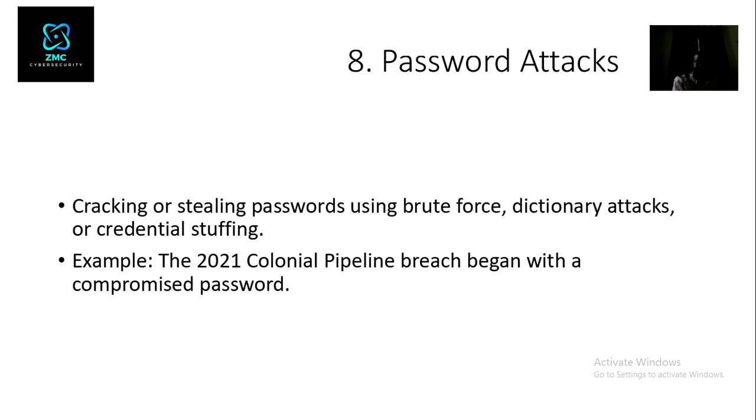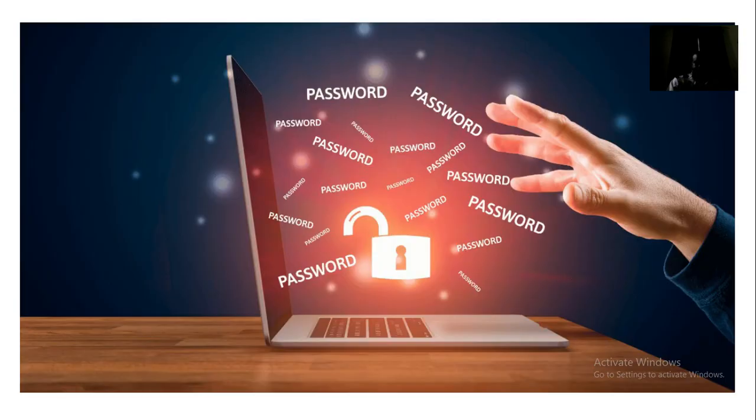From the 2020 to 2022 versions, you still get tools like Wireshark and others like Ministros. There are so many of them used for password attacks. An example was in 2021, the Colonial Pipeline breach, which began with a compromised password, and that was it. So this is a graphical picture.